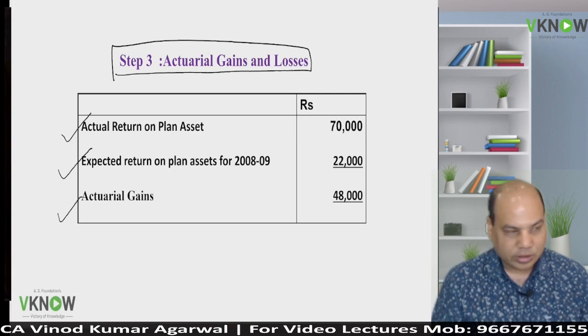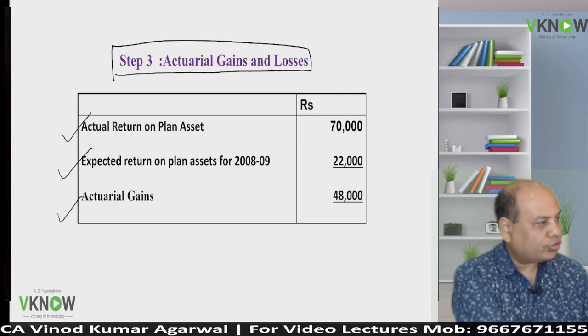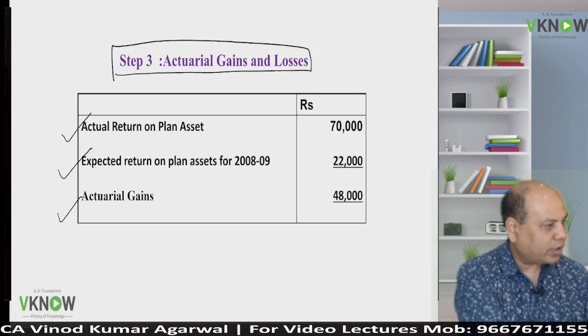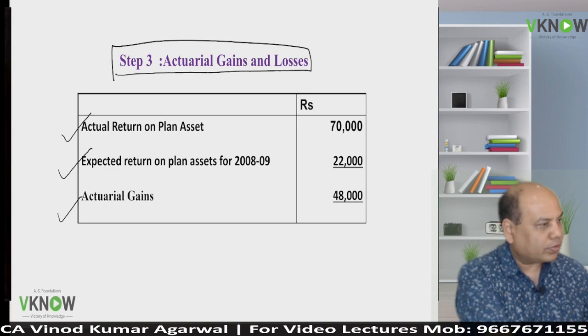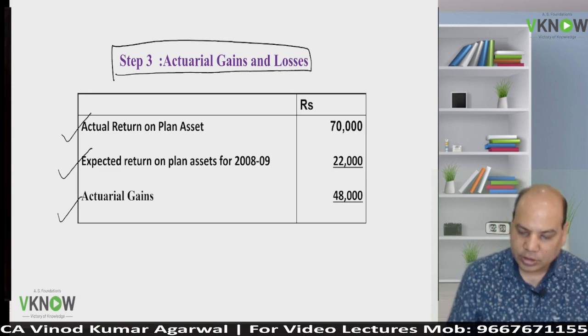Therefore actuarial gain is equal to 48,000. Therefore actuarial gain is 48,000.